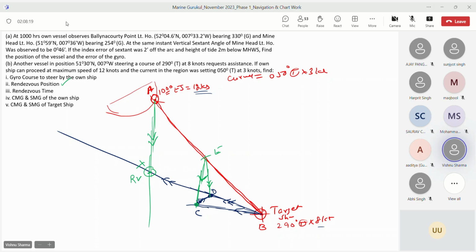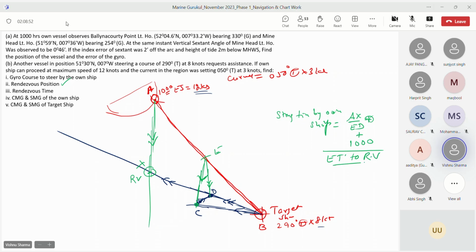Okay. Rendezvous time. Now the steaming time by own ship will be equal to: own ship will make good a distance of AX. If anybody has any doubt, you can interject. She is going to make good at a speed represented by ED. And when I add this to 1000 hours, the departure time, this becomes expected time to rendezvous.